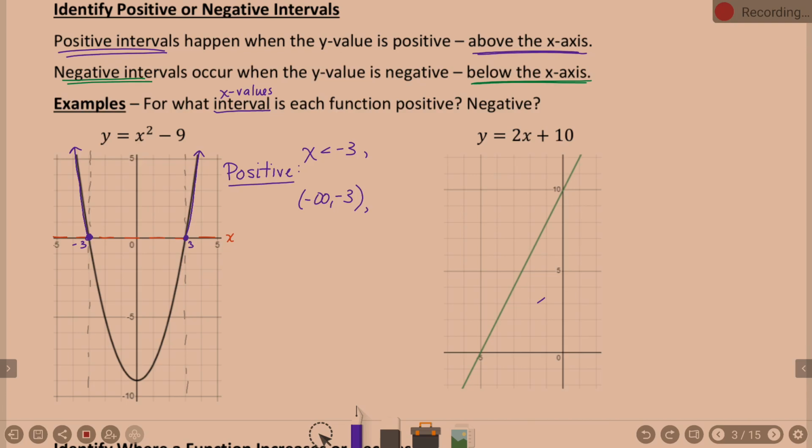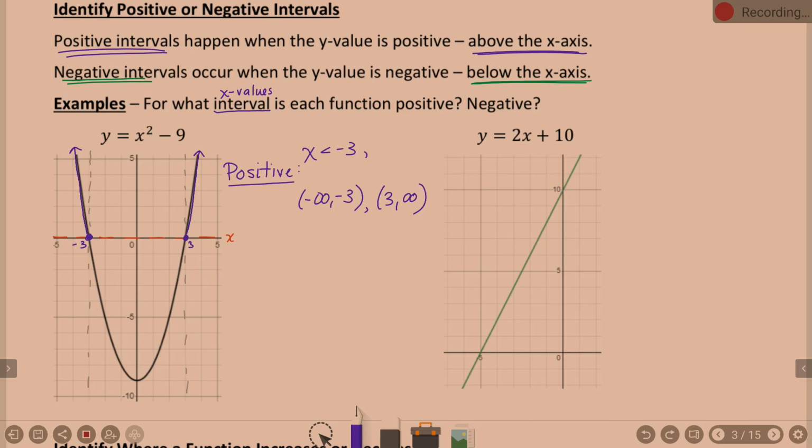Where else is this graph positive? 3 to the, okay, 3 to infinity, 3 to the right. So you could say 3 to infinity. I used a parenthesis on 3 because is the y value at 3 positive?